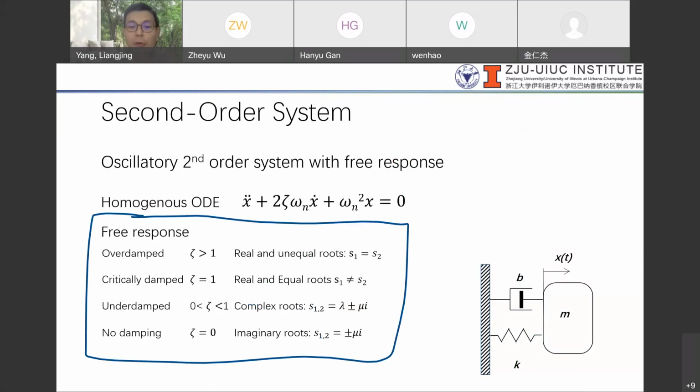Of course, just now we were looking at b squared minus 4mk to see whether it is greater than, smaller than, or equal to 0, right? We compare it with 0. And it turns out that we can just look at this damping ratio, eta in this case, right?